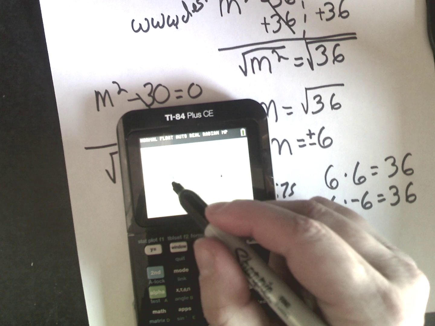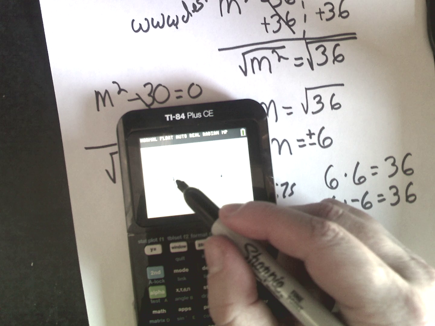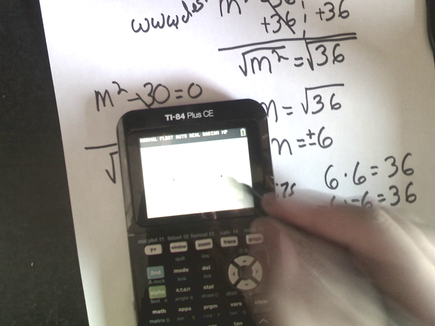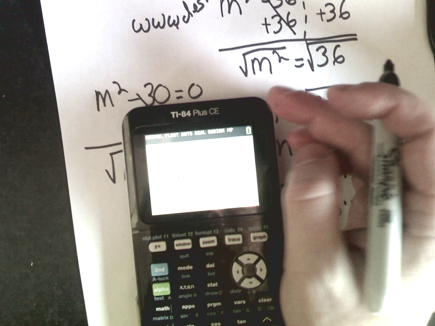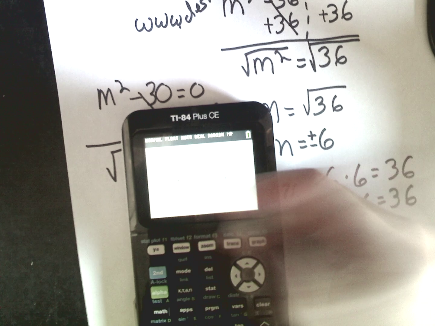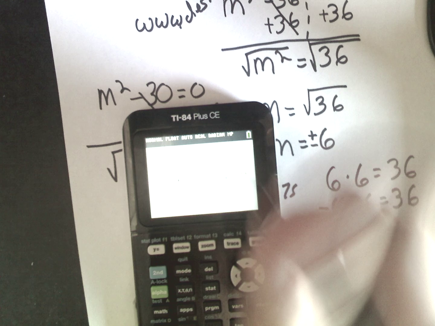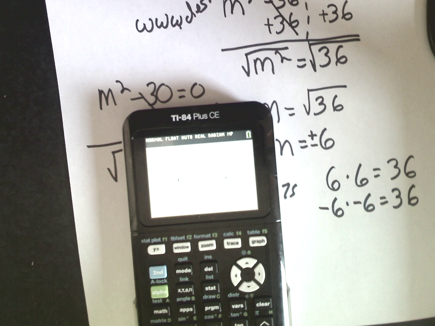One's here, one's here. They're between negative 5 and negative 6 and positive 5 and positive 6. Can I tell what exactly that is? Not really. Here, not really. It's a guess. I'd be saying it's something like 5.5.